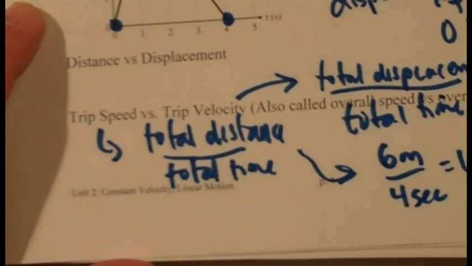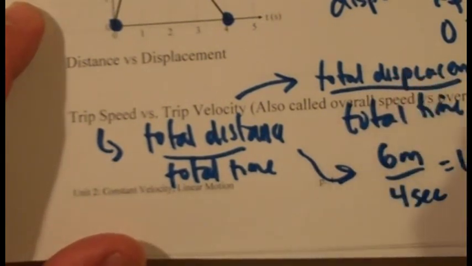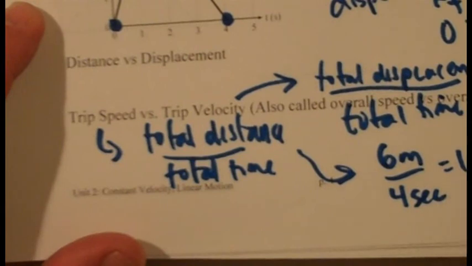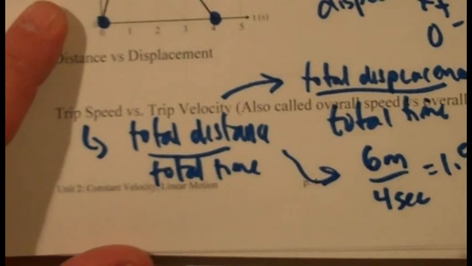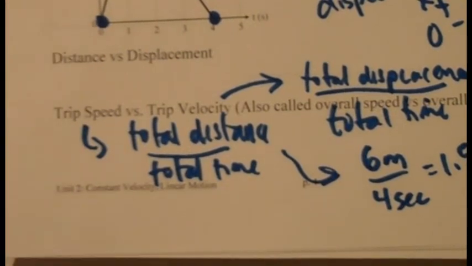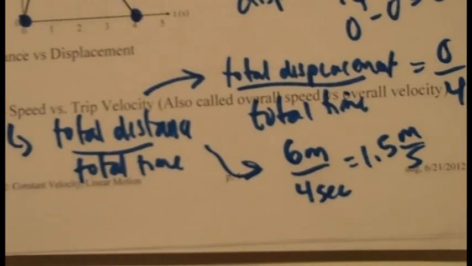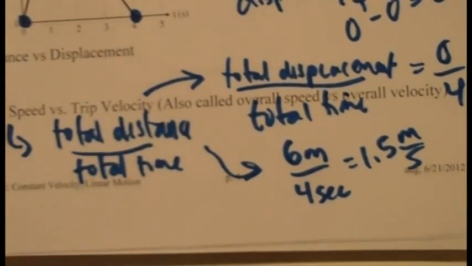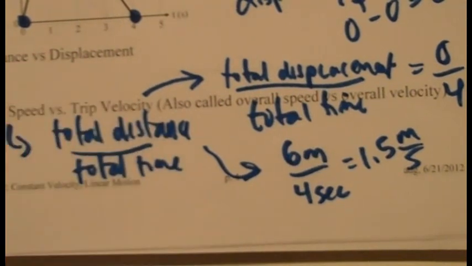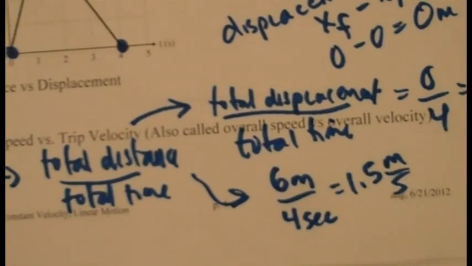So trip velocity would be my total displacement, which is 0 over my 4 seconds, so I have a total trip velocity of 0 meters per second. You have to be careful here, because there are really two ways to talk about how far. We have to have two words for that: distance and displacement.